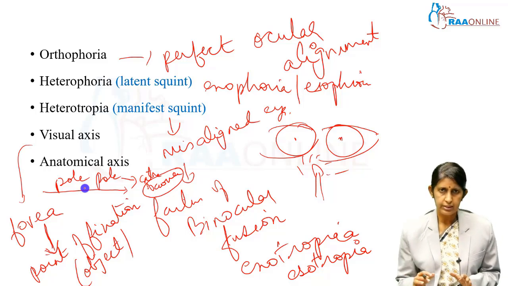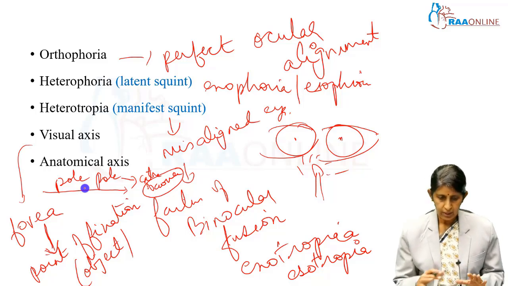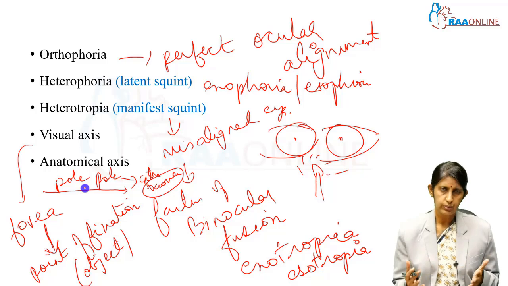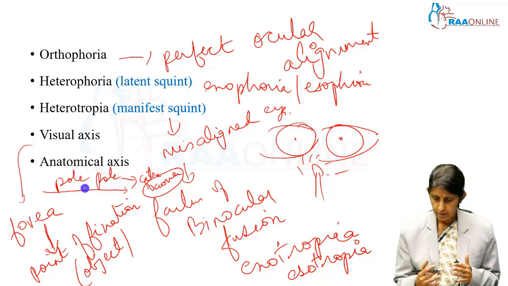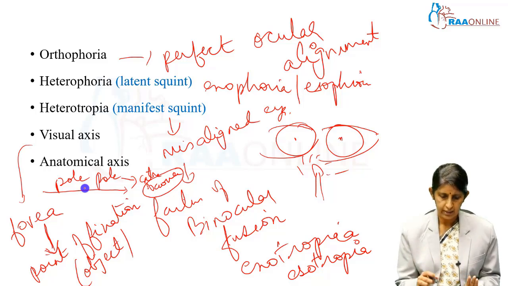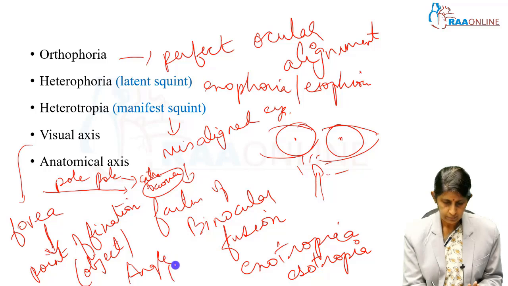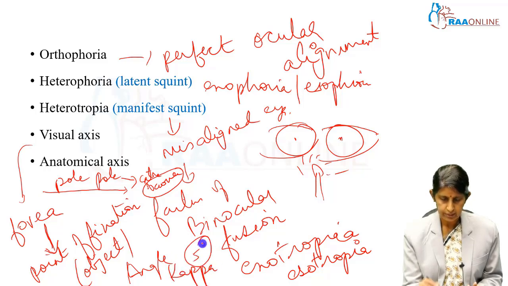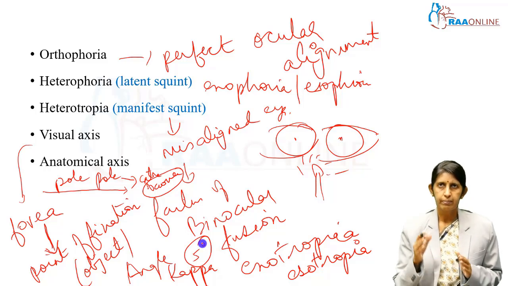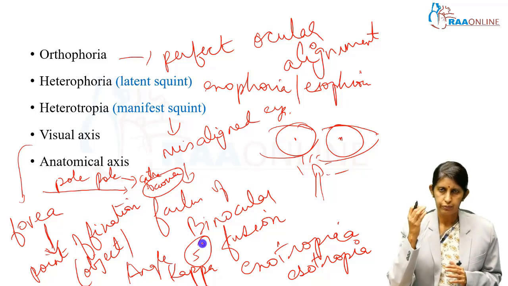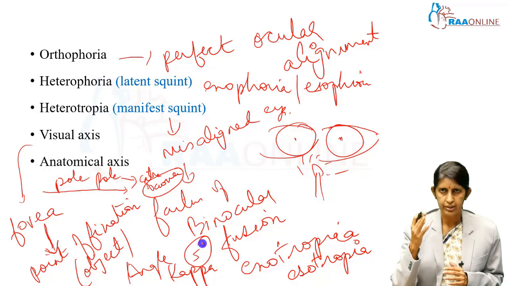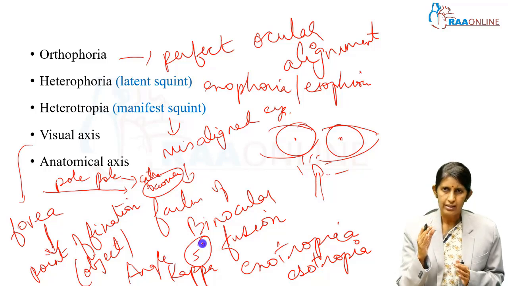Now this is important because the visual axis and the anatomical axis form what you call angle kappa. This angle kappa is normally about 5 degrees. We should know that the macula, the central part of fixation in the eye, is slightly temporal.